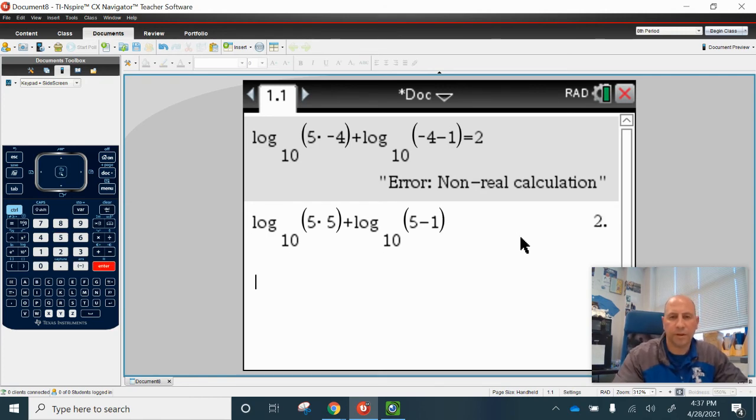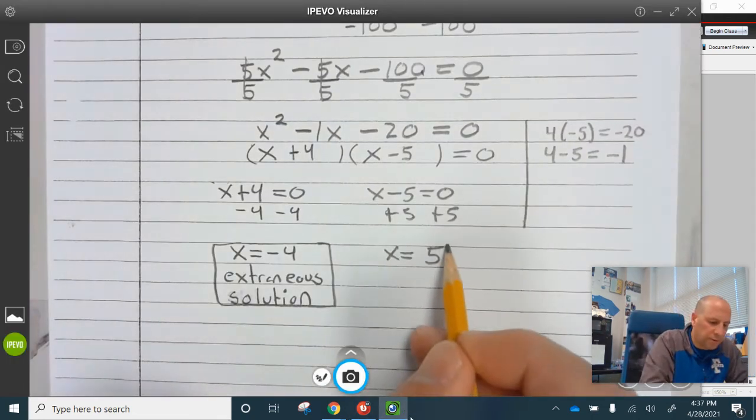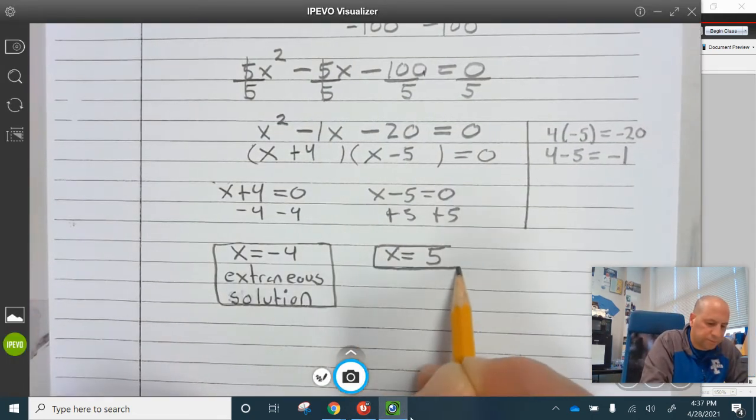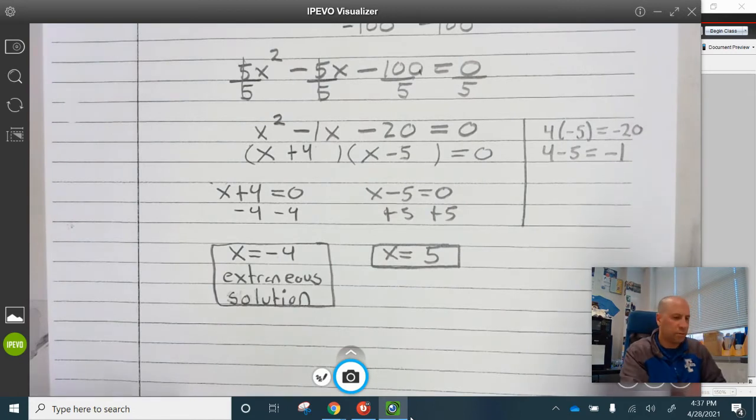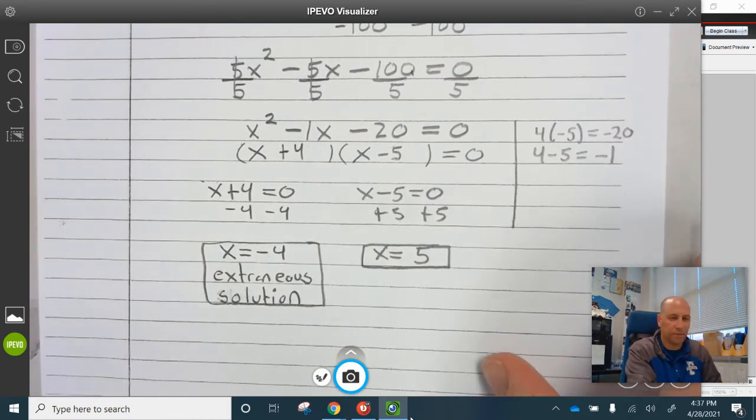And you can see that, so be careful, sometimes when you get false, that's actually not correct. So when I've done that, you see that it does in fact equal 2, so x equals 5 is a valid solution. Okay, go ahead and finish up question 5.